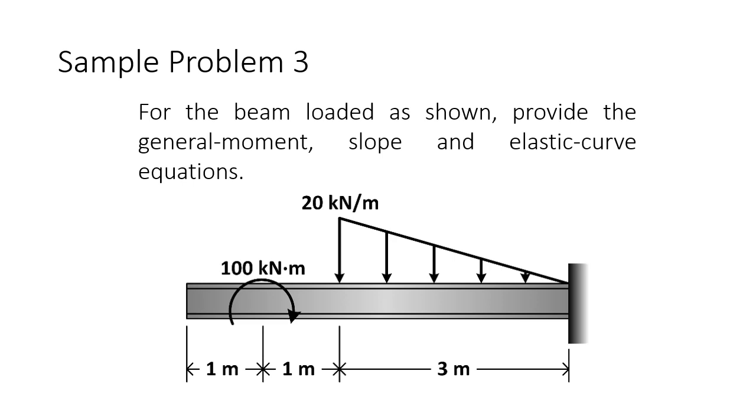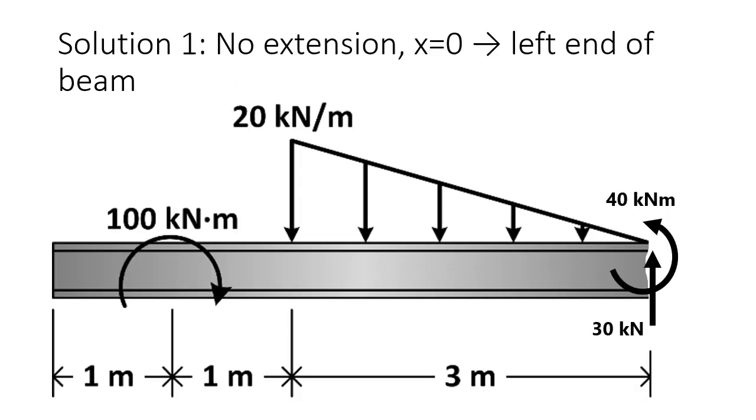The first solution is we would not be extending the distributed loading. And we would be using the leftmost end as x is equal to 0 and the rightmost end as x is equal to 5.